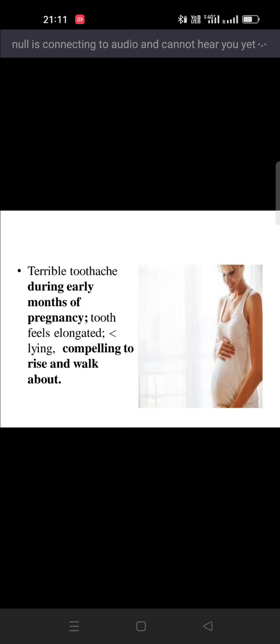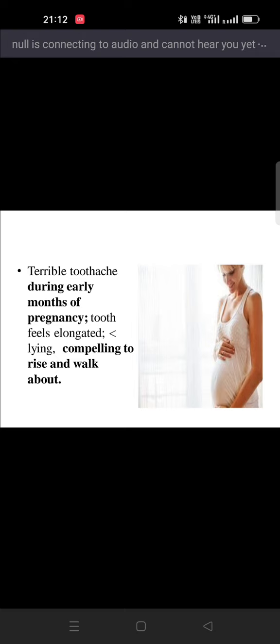But when there is a pain, especially when the lady is pregnant, or in the first trimester, meaning early month of pregnancy, we can correlate it with the gynae first trimester, which starts from the first month.